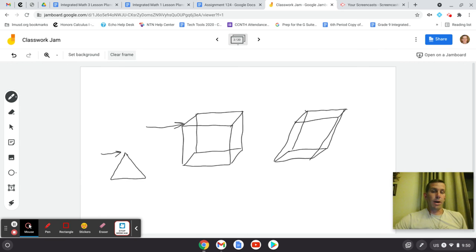So when you're thinking about rigid shapes, that's one of the last questions that you have to answer. Think about which of these polyhedra, these three-dimensional figures, you could push and like squish them so that they look like a different shape without breaking any of the sides. If you cannot squish the shape into a different shape without breaking one of the sides, then it is a rigid shape.